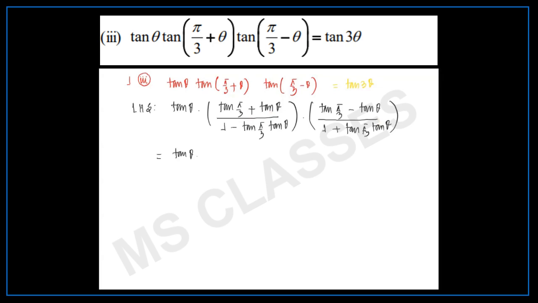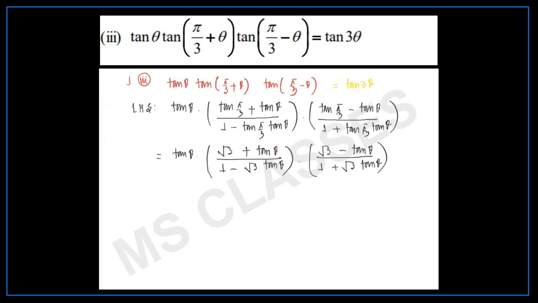Tan theta into, tan pi by 3 is root 3, so root 3 plus tan theta divided by 1 minus root 3 tan theta, into root 3 minus tan theta divided by 1 plus root 3 tan theta. Now (a plus b) into (a minus b) is the a square minus b square formula.